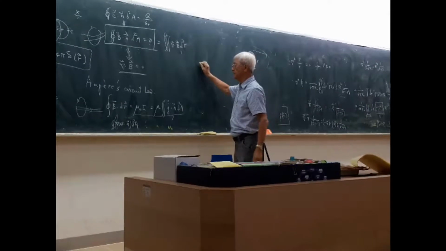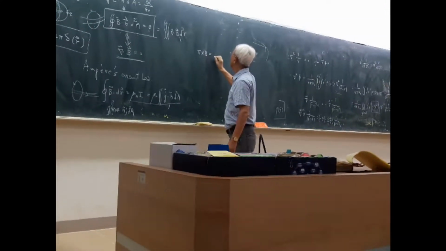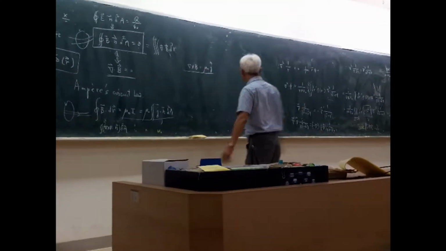So the differential form of Ampere's law is curl B equal to mu naught J. That's Ampere's circuital law.